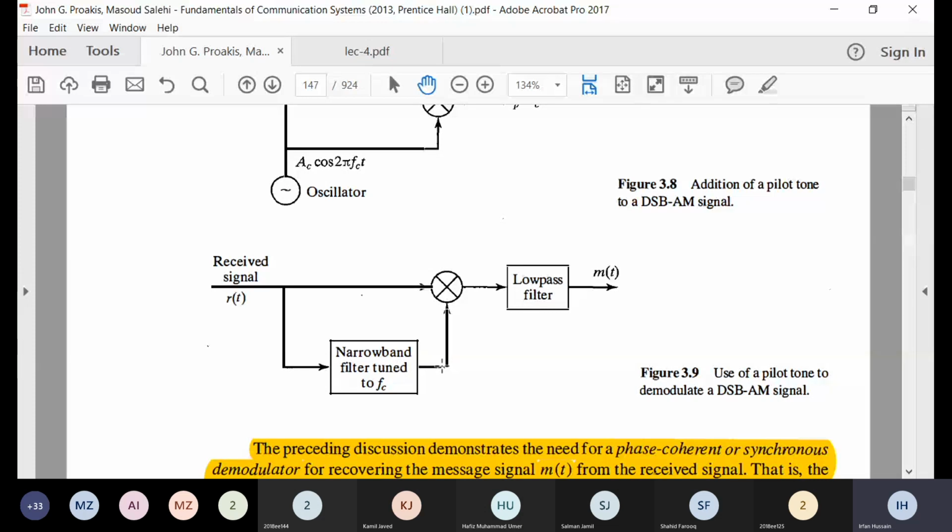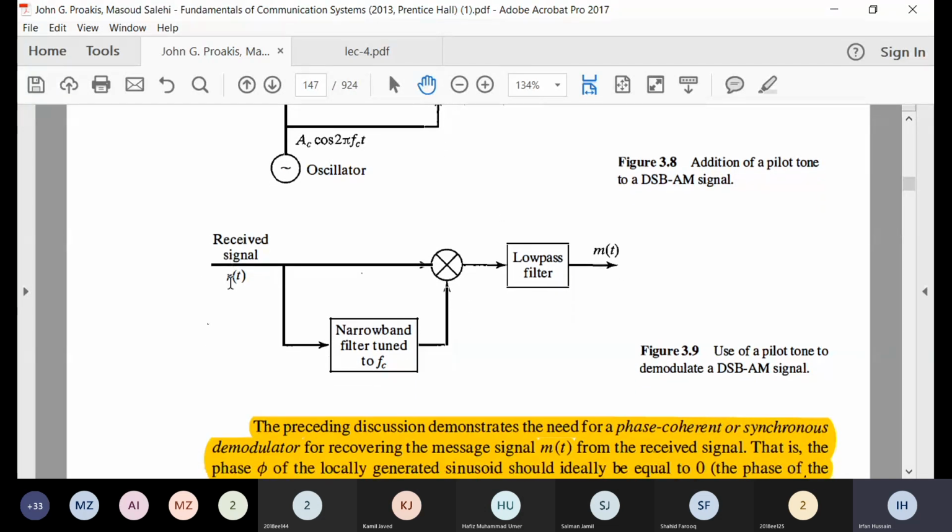So it will be generated from the same received signal. So this will now act as your locally generated oscillator carrier. You will again multiply, then low pass filter. You will get back your m(t) with cos φ, or φ is equal to 0, with a synchronized oscillator with respect to the received signal.